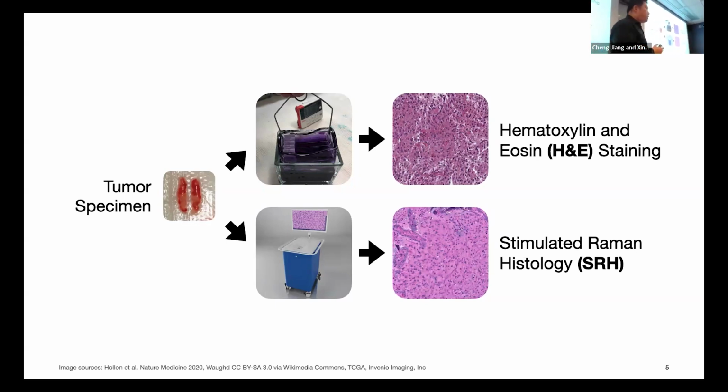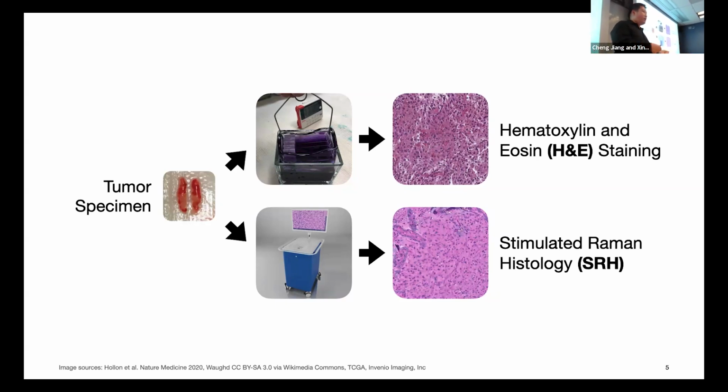The other modality that we're interested in is SRH, stimulated Raman histology. SRH is a relatively more novel way to image these specimens using optical imaging. The upside is that we don't need to process the tissues. We can image these specimens fresh, so we don't need to do staining or fixing, and we can do this within minutes.